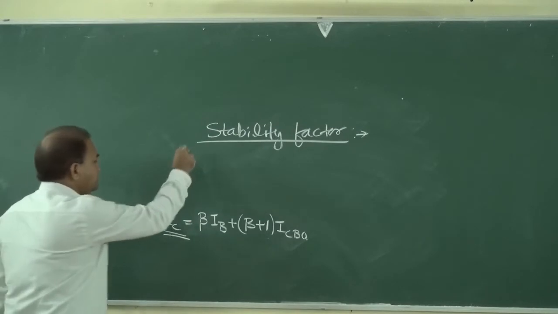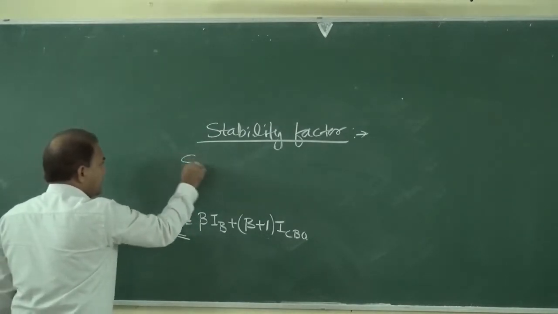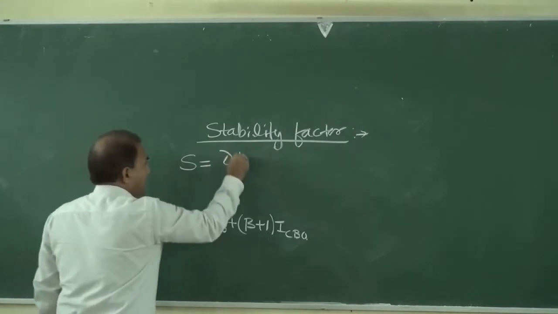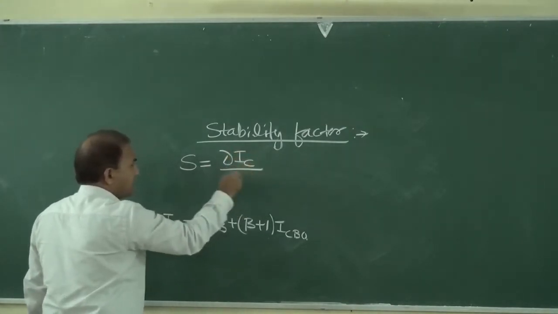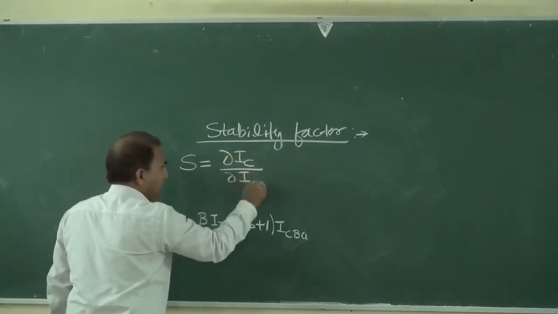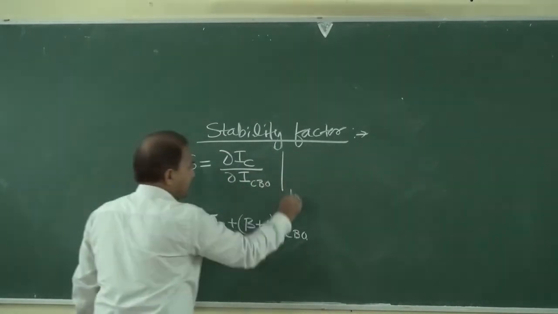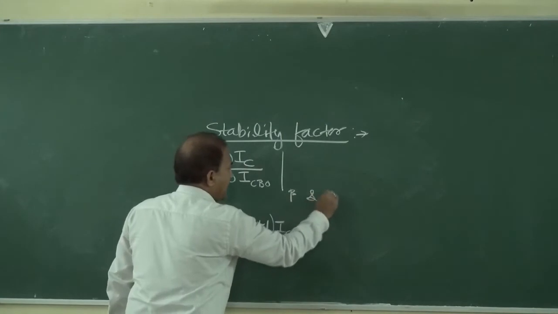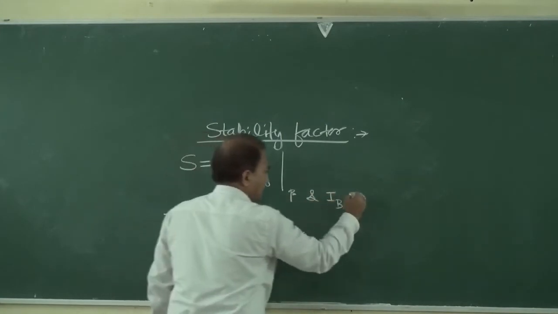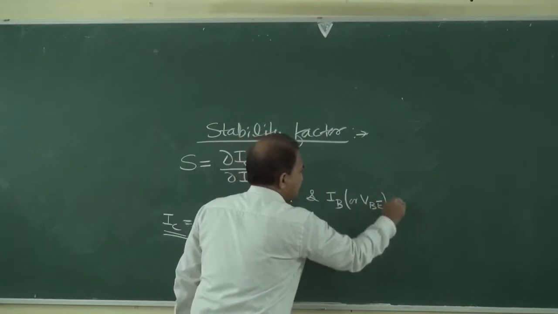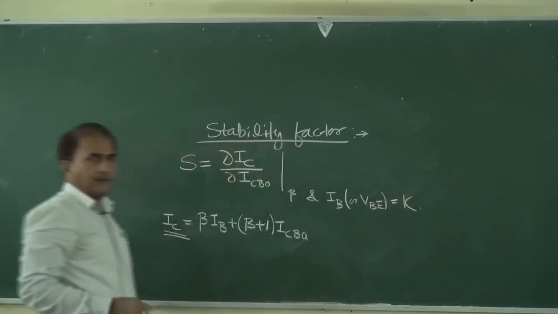The stability factor S is equal to del IC divided by del ICBO when beta and IB, or we can say VBE, are constant.